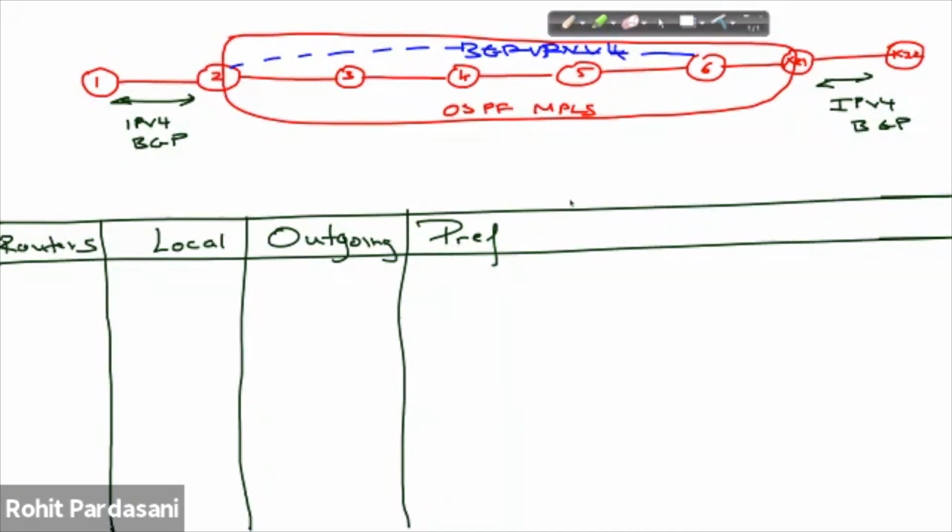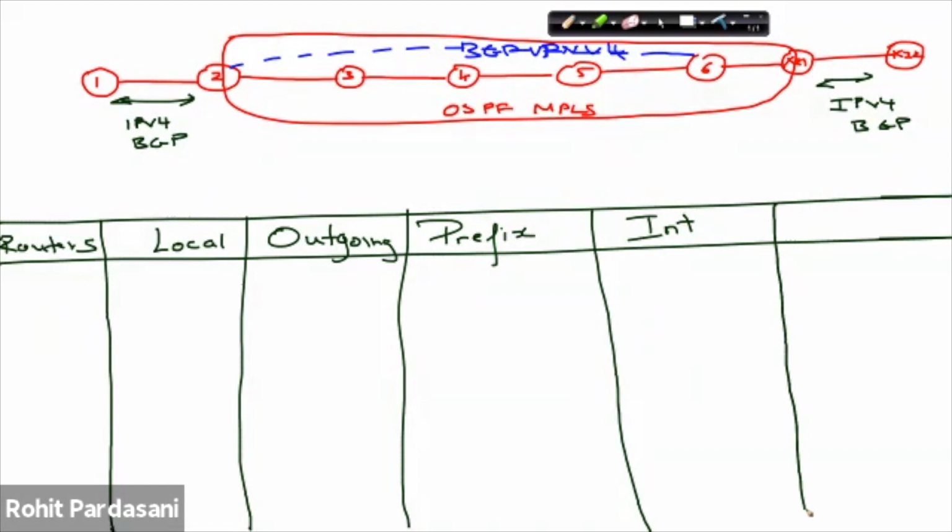So I have my prefix and interface, and finally next hop. Okay, this would be router 2, router 3, router 4, router 5, router 6, and XR1.